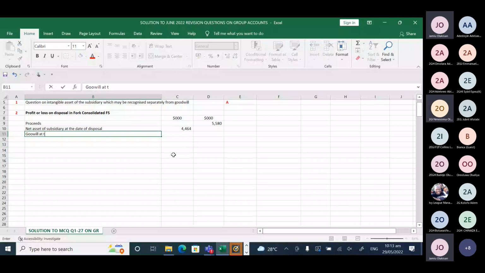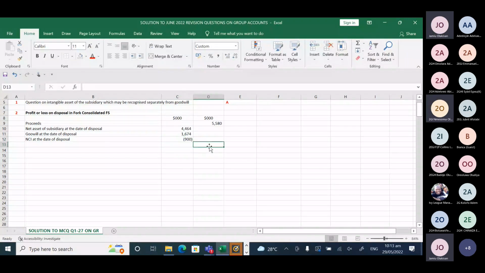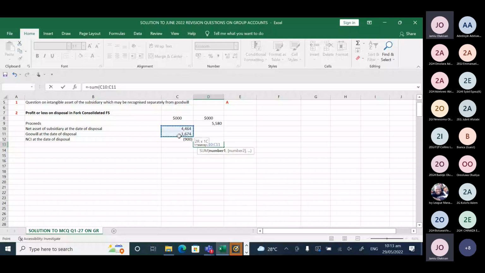That is going to the bracket. So sum up the equal minus, because I want it to be minus, and close the bracket. That gives you 5.